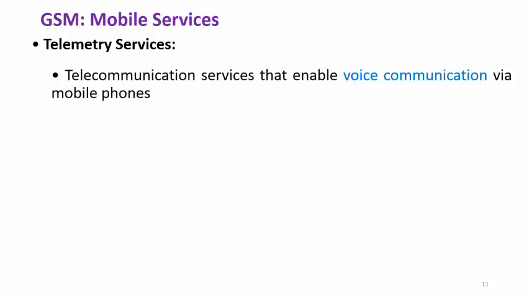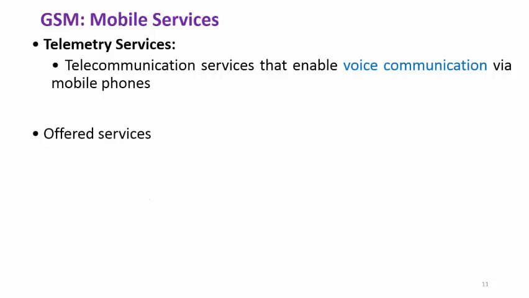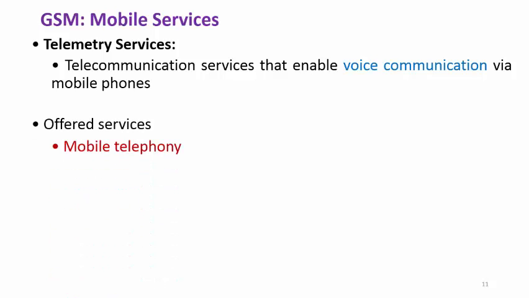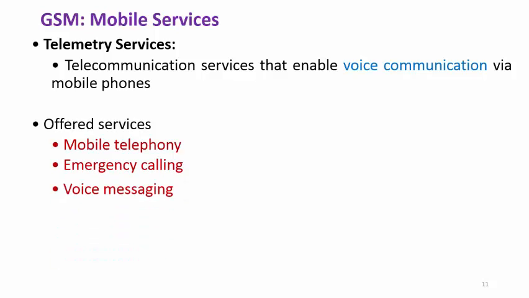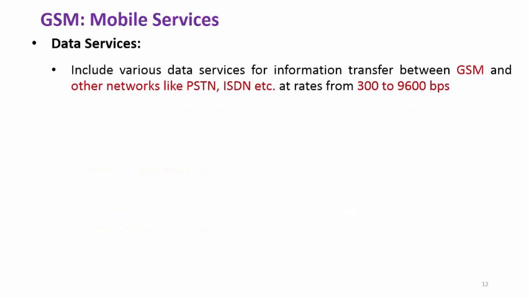So telemetry services are nothing but the telecommunication service, which consists of voice communication via mobile phones, the basic service. The offered services are mobile telephony, emergency calling, and voice messaging.